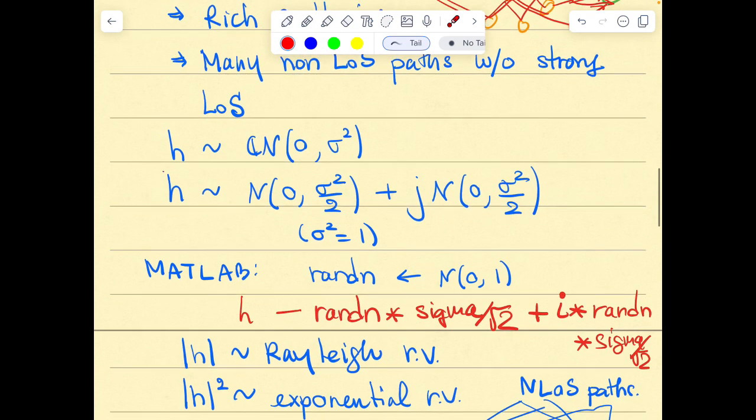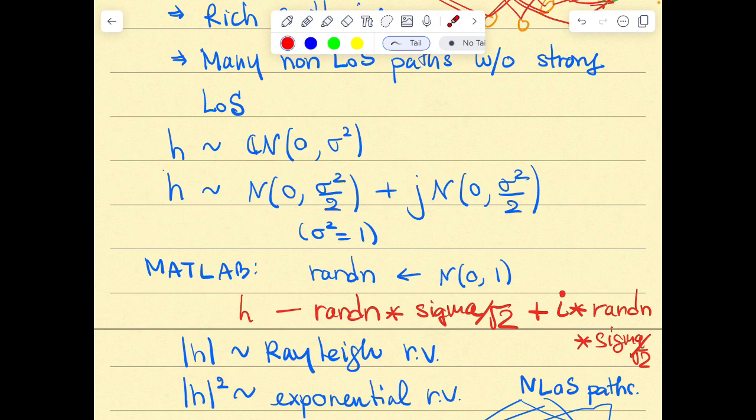So in MATLAB, you can generate a Gaussian random variable with mean 0 and variance 1 by using this function, randn.